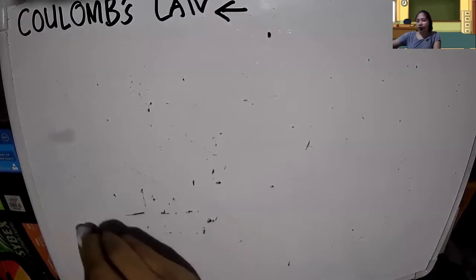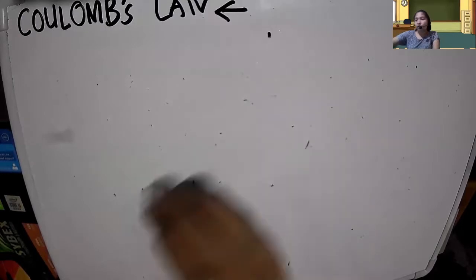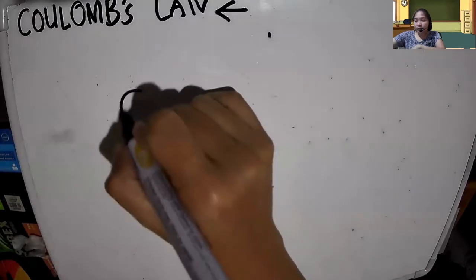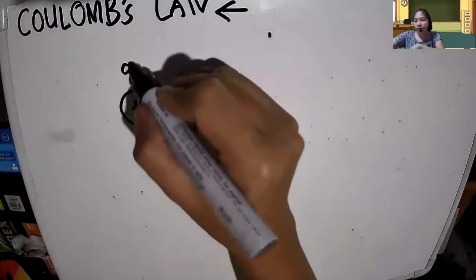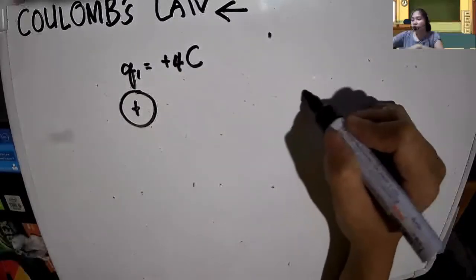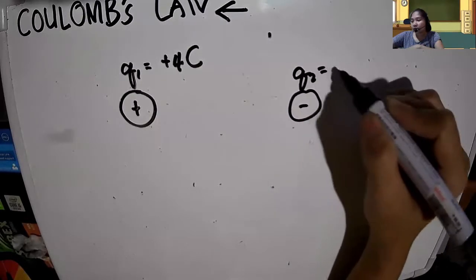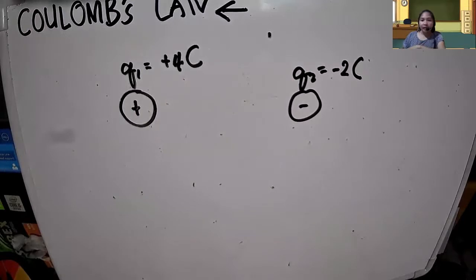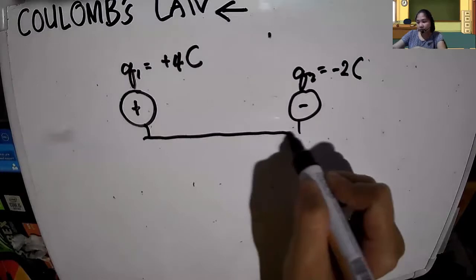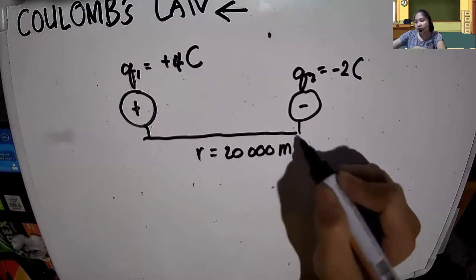The first charge is positive 4 Coulomb, so Q1 is equal to positive 4 Coulomb. And Q2 is negative 2 Coulomb. Let's say they are separated by a distance of 20,000 meters, so R is equal to 20,000 meters.